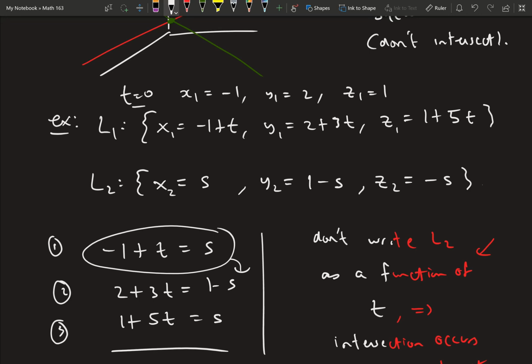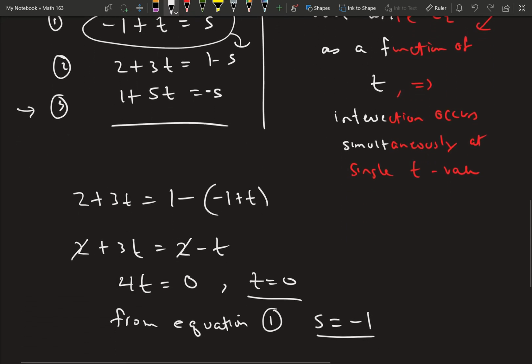Sorry, this last equation was negative s. I forgot to put the negative sign here. In equation 3, that should be a negative s. So at s equals 0, what do we get?